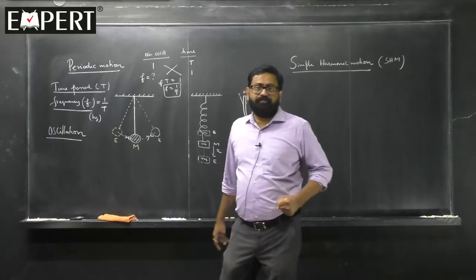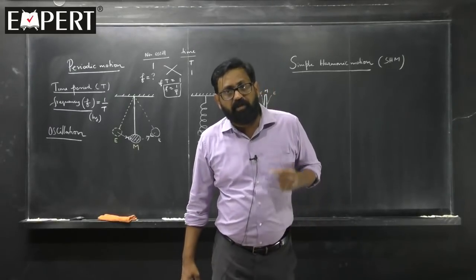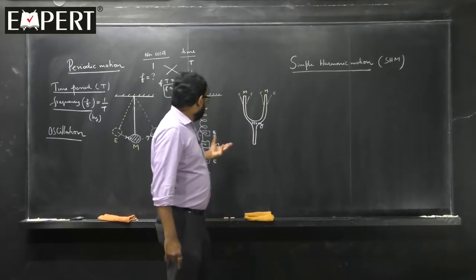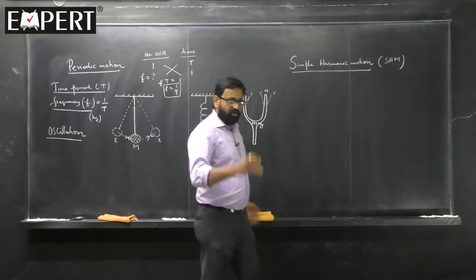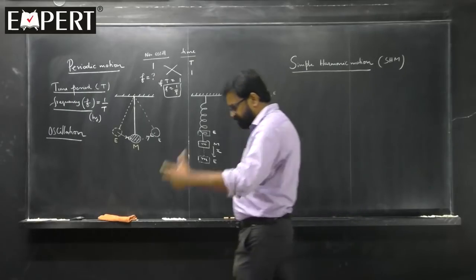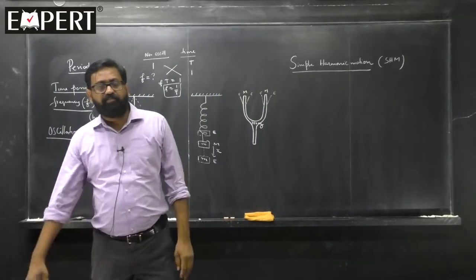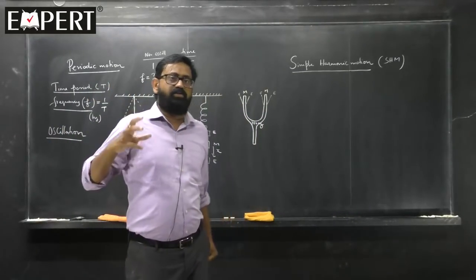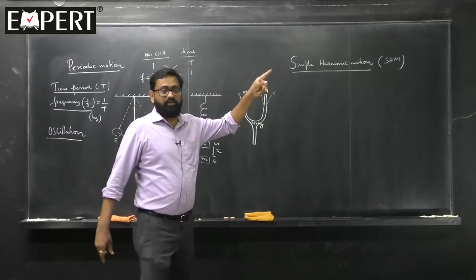Oscillation of a pendulum about its mean position is an example for a simple harmonic motion. Oscillation of a loaded spring is also an example. Now the next question is, under what condition can you call a motion a simple harmonic motion, in short SHM?